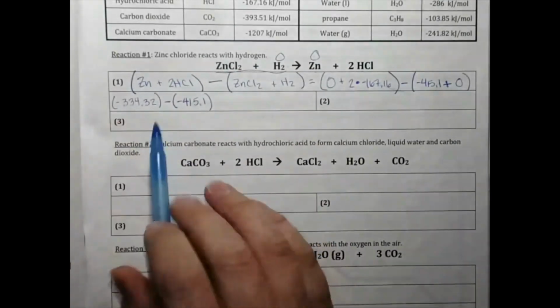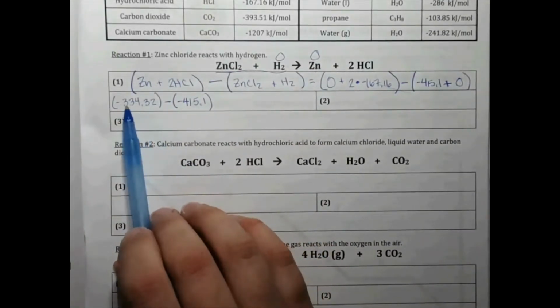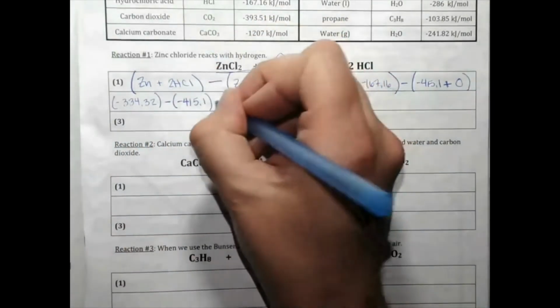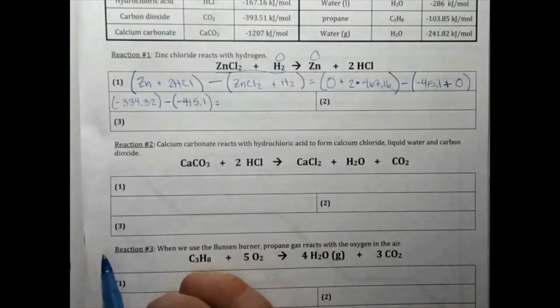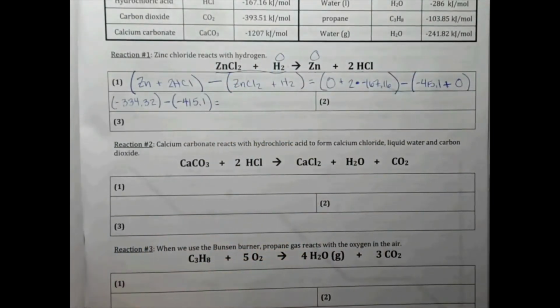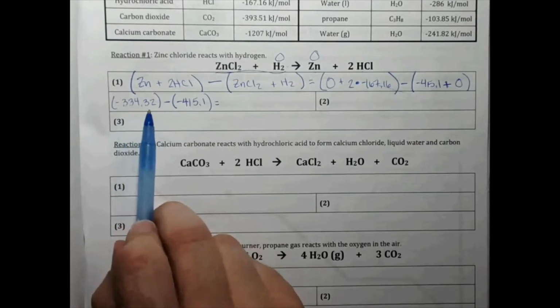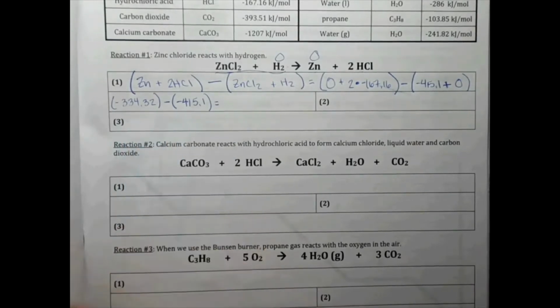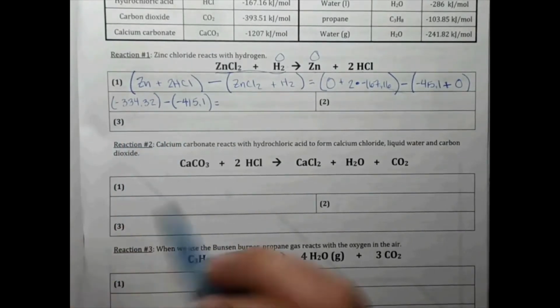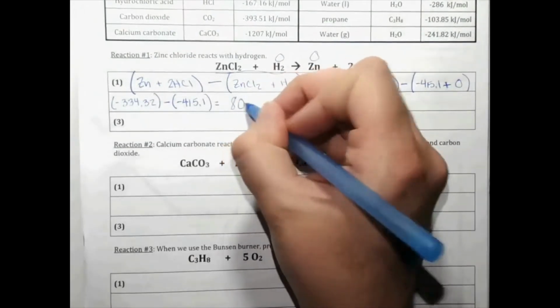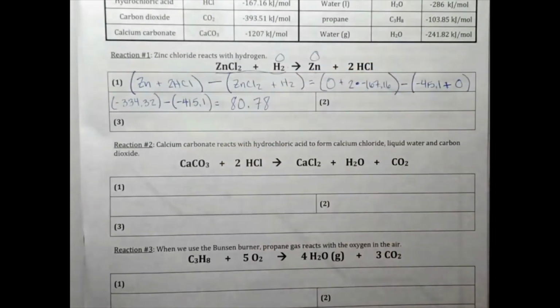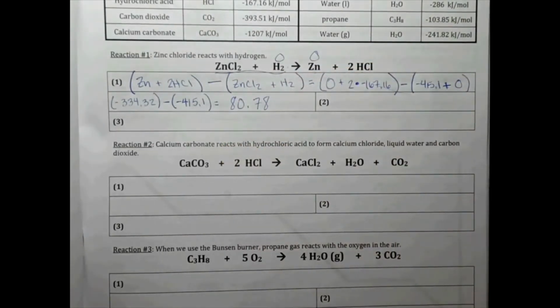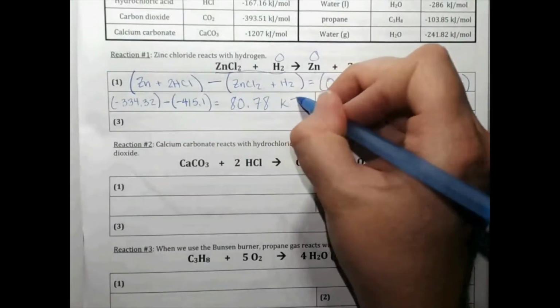When you type this in your calculator, be careful that you don't miss one of the negatives. If you skip one of the negatives in your calculator, you're not going to get the right answer. Negative 334.32 minus negative 415.1 comes out to 80.78. And we're going to be using units of kilojoules for this.